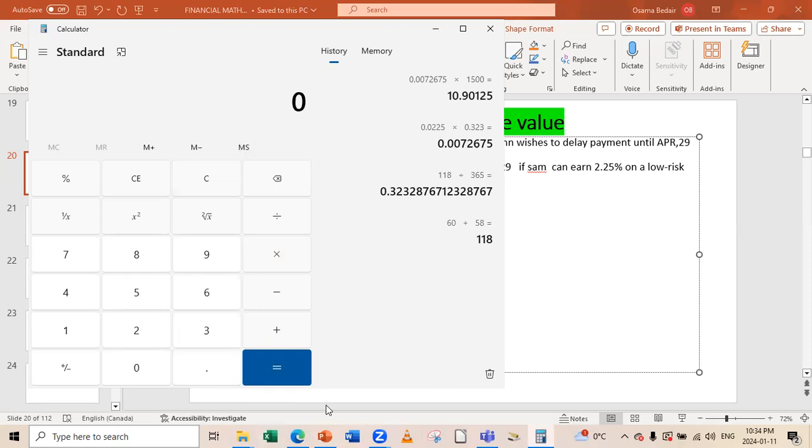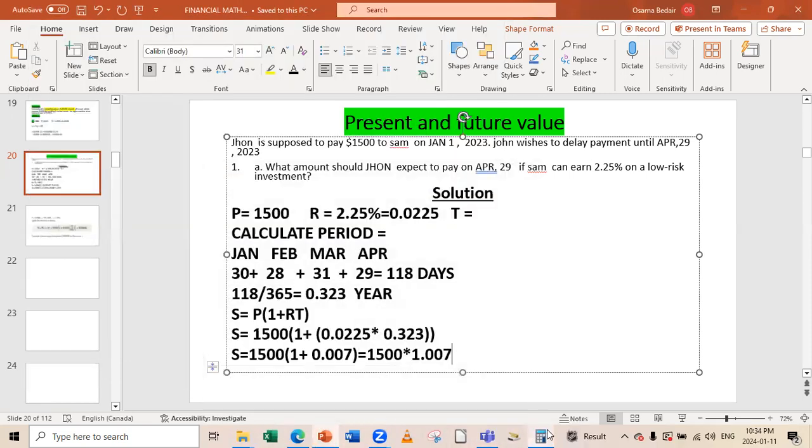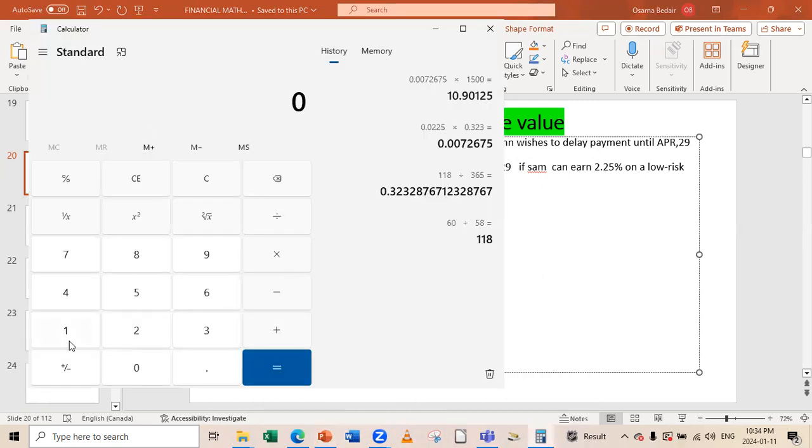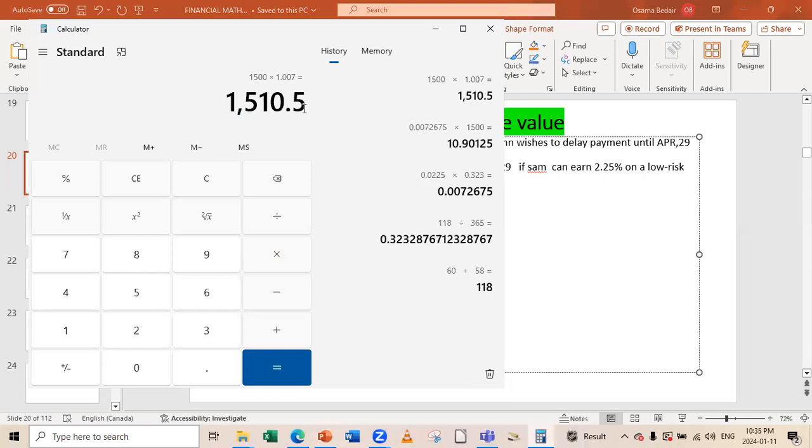We go to our calculation again: 1,500 times 1.007. That will equal $1,510 and half a dollar.